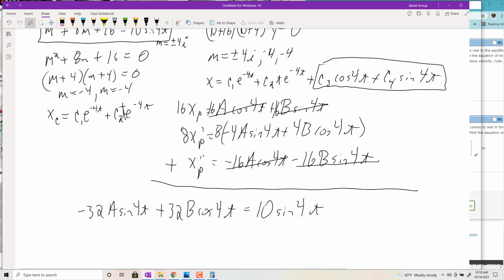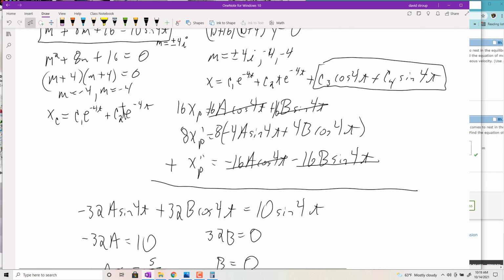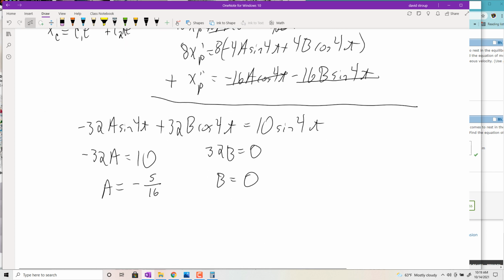Then we equate coefficients, so negative 32a equals 10, and then 32b is just 0. There's no cosine 4t on the right. Divide both sides. A is then negative 5/16, and then b is 0. So then we can form our solution to the differential equation.